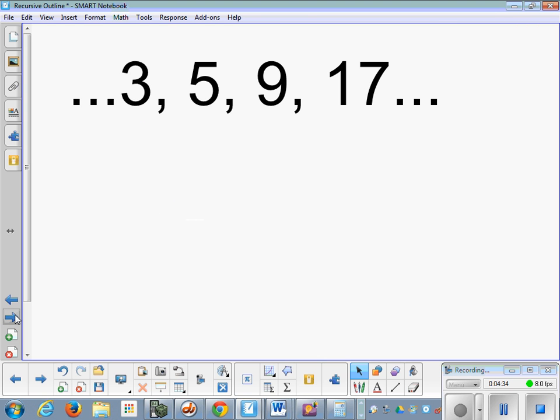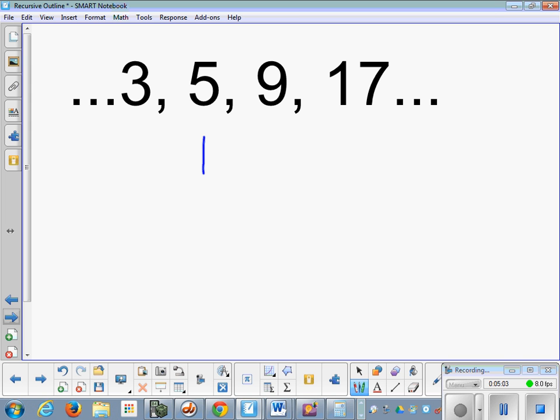All right. Sometimes the sequence is a little bit harder to see. This one's a little bit harder. I added 2, then I added 4, then I added 8. That's going to be really hard to describe in a pattern. I'm going to look for some other options, and I start thinking, what happens if I multiply by 2? Well, that's interesting.